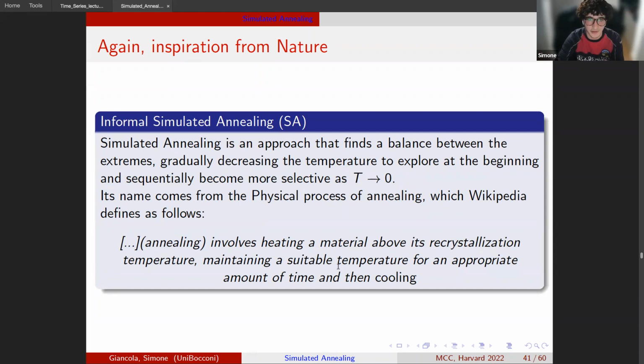I'm not really an expert of the physical process of annealing, but the idea is using not a single temperature, but a sequence of temperatures.